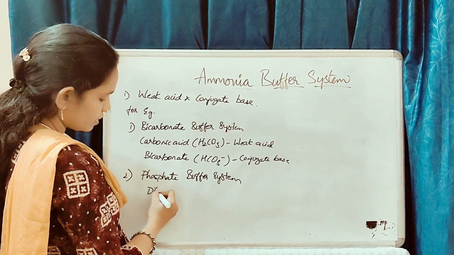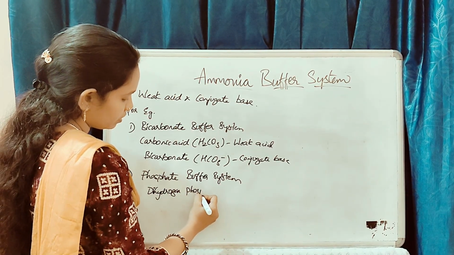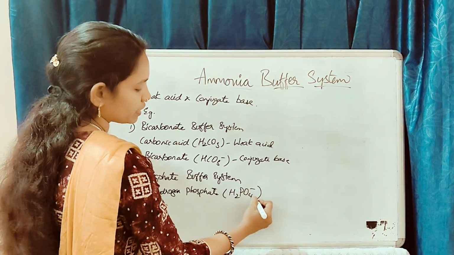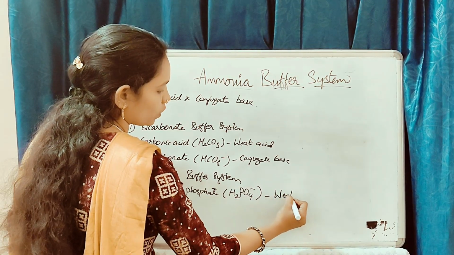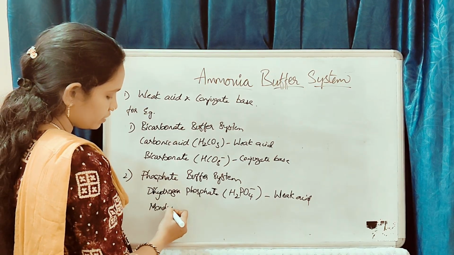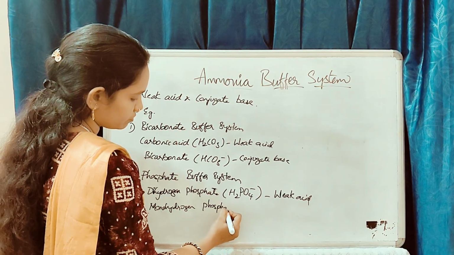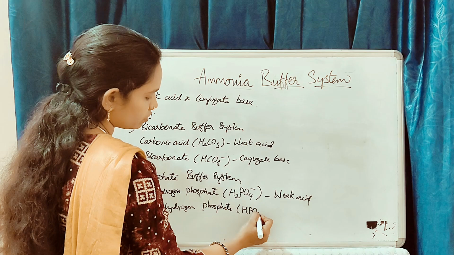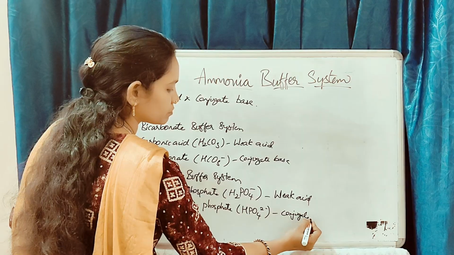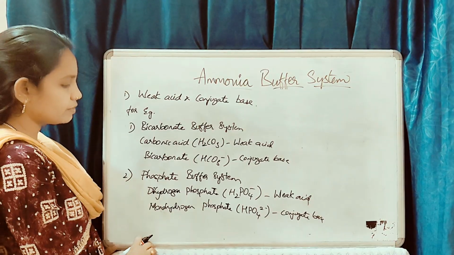One is dihydrogen phosphate, H2PO4 minus, which acts as a weak acid, and monohydrogen phosphate, HPO4 2 minus, which acts as its conjugate base. So these are the combinations we have seen in the case of bicarbonate and phosphate.